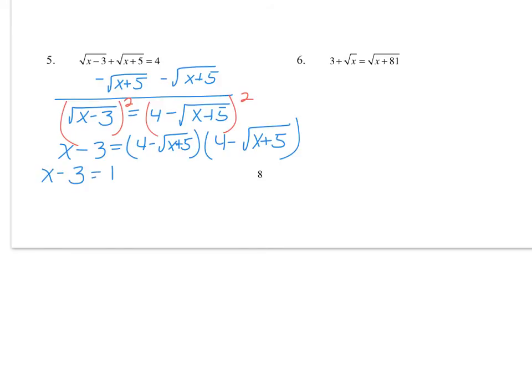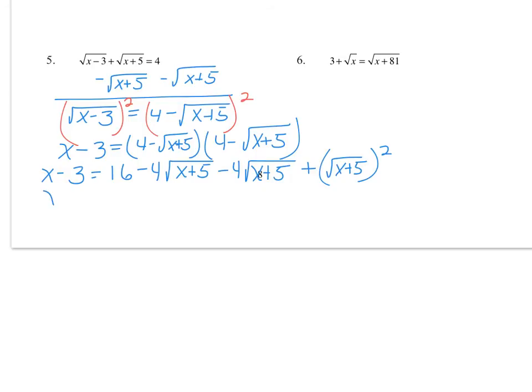4 times 4 is 16. 4 times a negative radical x plus 5 is going to be a negative 4 radical x plus 5. Remember, it's multiply the outside guys, then the inside guys. Negative radical x plus 5 times 4 is a negative 4 radical x plus 5. And a negative radical x plus 5 times a negative radical x plus 5 is a positive radical x plus 5, the whole thing squared because you're multiplying it by itself.